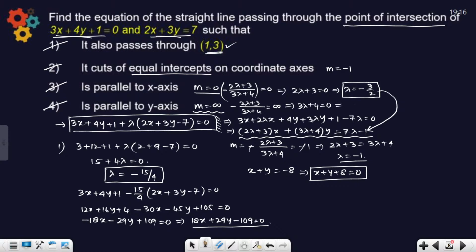So from here you will write lambda is nothing but minus 4 over 3. And again put this value in the family of lines to get your required equation. Is it clear to all? Absolutely. Okay.